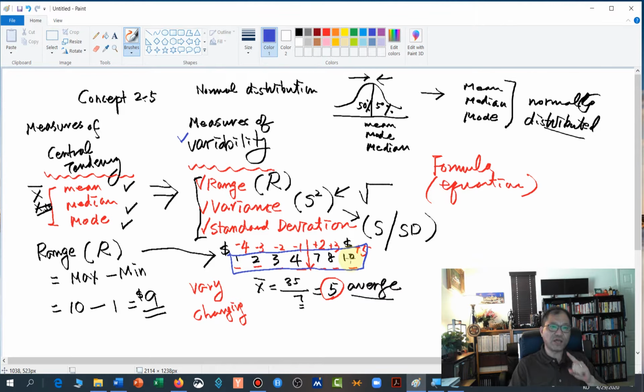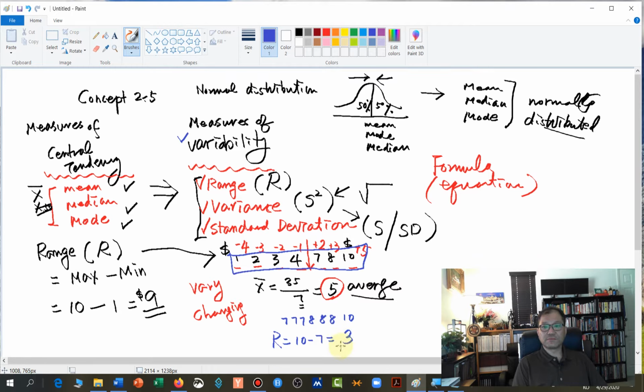That is the range. What if you have 7, 7, 7, 8, 8, 8, and $10? What is the range? 10 minus 7 equals 3. So only $3 difference. What about here? The difference is $9.